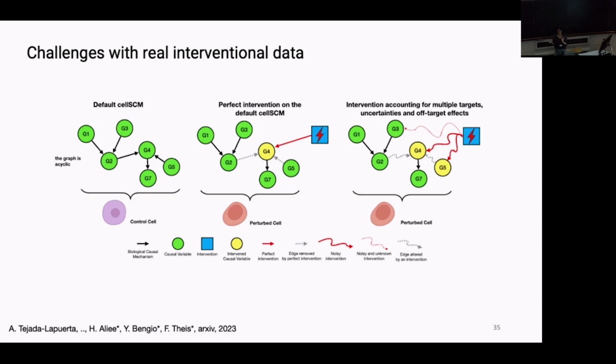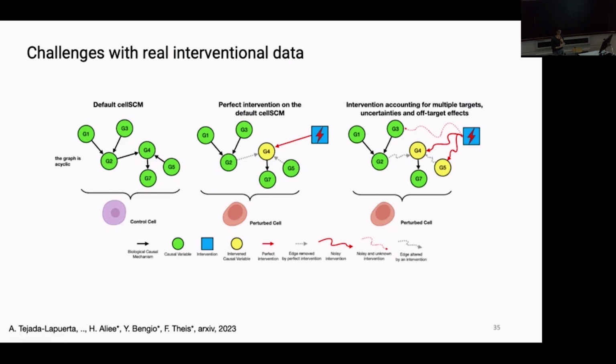And one of the other challenges with interventional data in real cases is that if we learn a causal graph from the data, and we want to intervene on a gene and see what are the genes that are affected by the intervention, what we ideally assume is that this intervention is perfect.